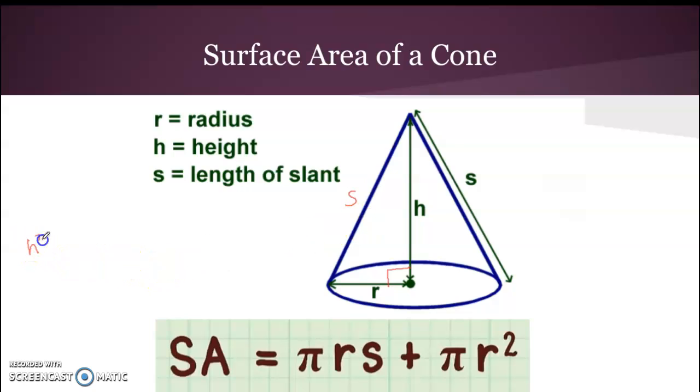So h squared plus r squared is equal to s squared. And this is if the s is not given. So be careful, there is a big difference between slanted height and actual height. Now pause the video, copy the formula, please.